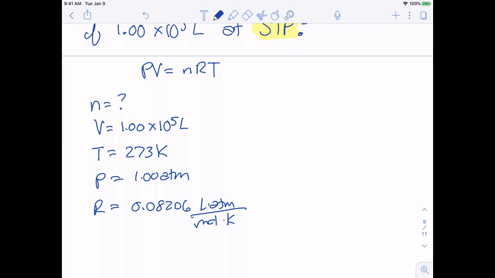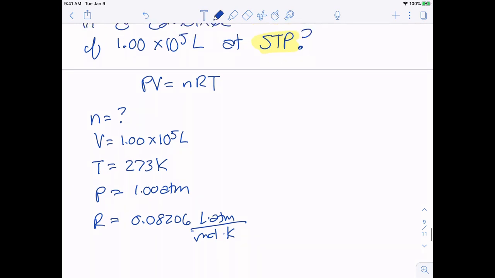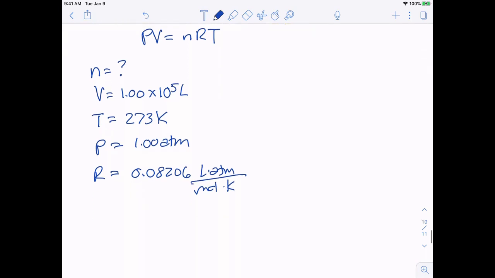So we have everything we need for this problem, and it's just a matter of plugging them in, making sure our units are correct. The volume was given in liters, so we don't need to convert that. We have Kelvin and atmospheres for temperature and pressure, so we should be good to plug everything in. My pressure, 1 atmosphere. My volume, 1.00 times 10 to the 5th liters.